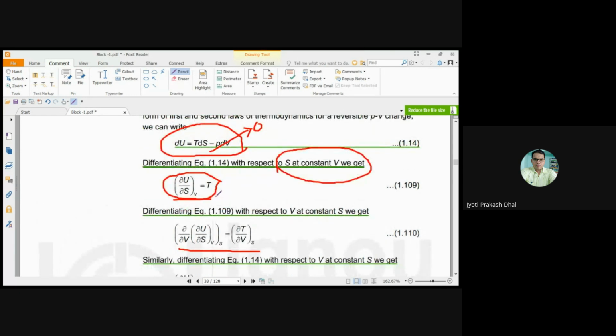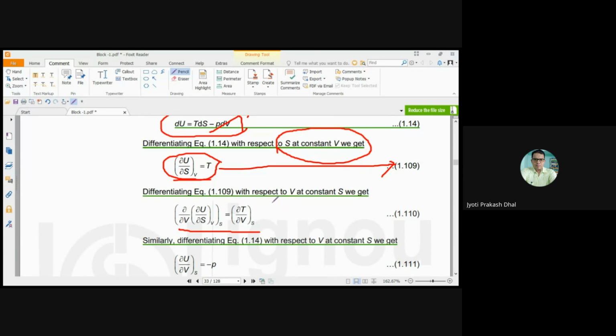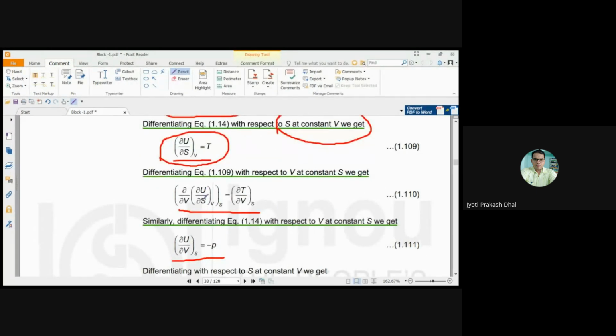Now again, differentiating equation 1.109, if we differentiate this equation with respect to V at constant entropy, we can write del by del V of del U by del S at constant V. This is the LHS, and the right hand side is nothing but only temperature.